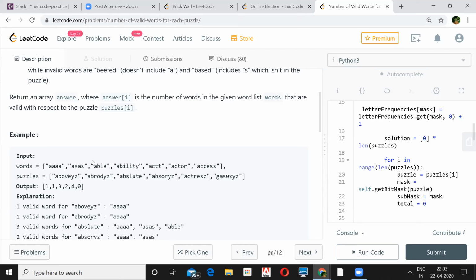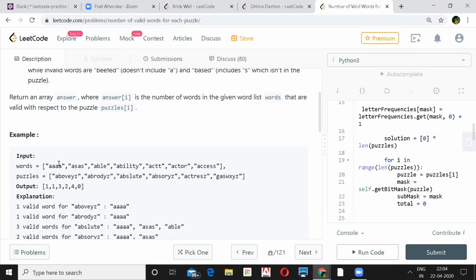You build a set for each word and for each puzzle, and then you can calculate the set difference. You would have to look through and find a subset.